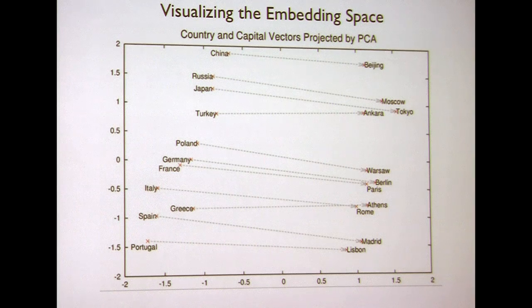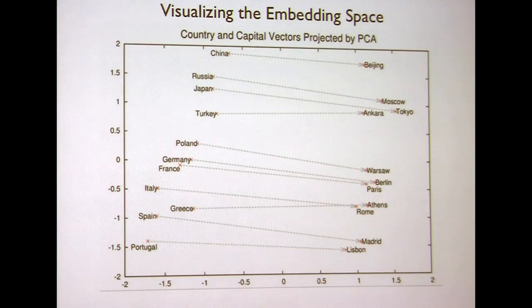That makes sense. The other cool thing is you also see semantic relations in the vertical direction, in that Spain and Portugal are closer together because they're more related as countries than, say, Spain or China. So there's a tremendous amount of structure and information in these high-dimensional spaces.